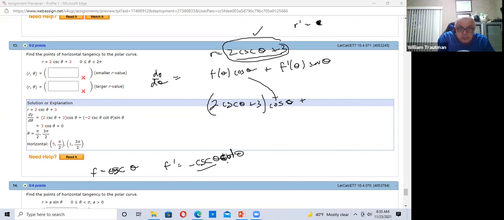So what we get for the derivative here is negative 2 cosecant theta cotangent theta. And then from the formula, the sine theta is in there also.